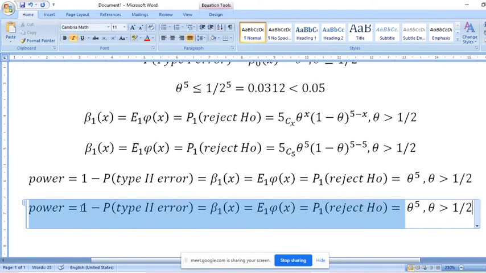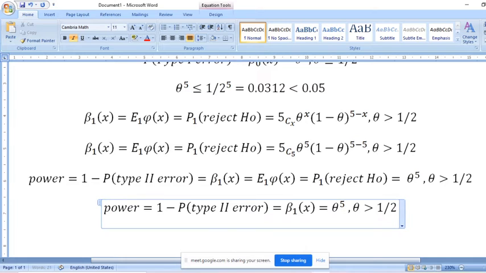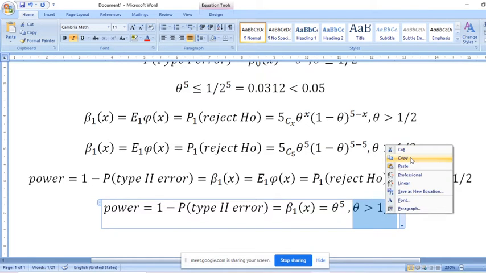What will be the power if theta is greater than 1 by 2? What happens?